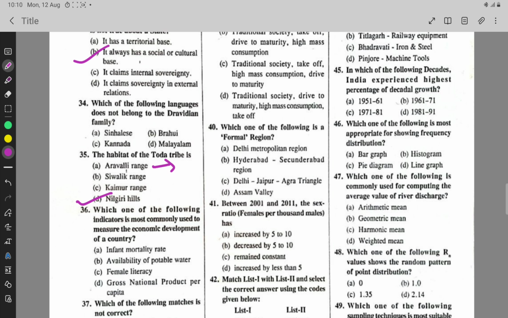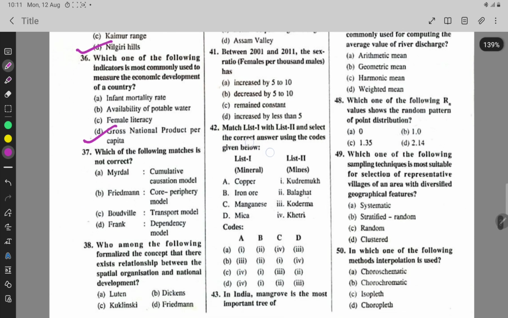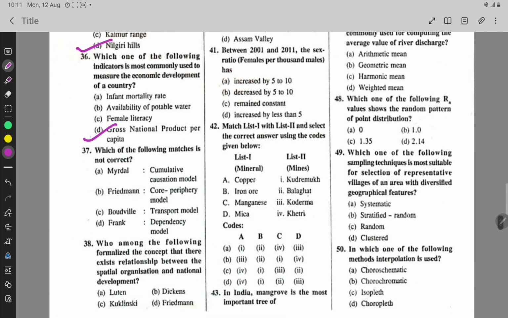Which one of the following indicators is most commonly used to measure the economic development of a country? Infant mortality rate, availability of potable water, female literacy, GNP per capita. D. Which of the following matches is not correct? Middle cumulative coefficient, correctly matched. Friedman core periphery model, correctly matched.